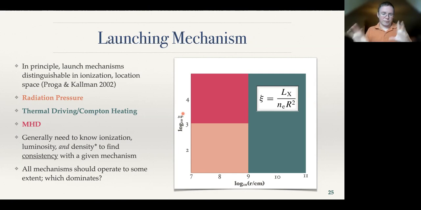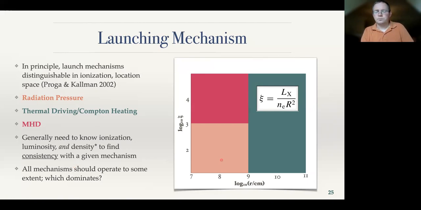So we have this kind of map of systems that we've come up with over the last 20 years or so, where depending on the distance from the black hole and how ionized the gas is, you can have different mechanisms operating. In order to put any observed wind on this diagram, you need to know how ionized the gas is, you need to know the luminosity, and you need to know the density in order to find that this particular wind is consistent with a thermally driven wind or not consistent, or could be driven by radiation pressure or vice versa.